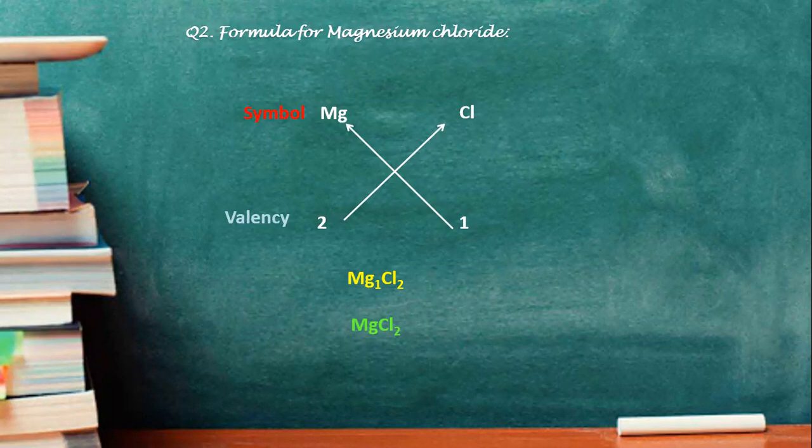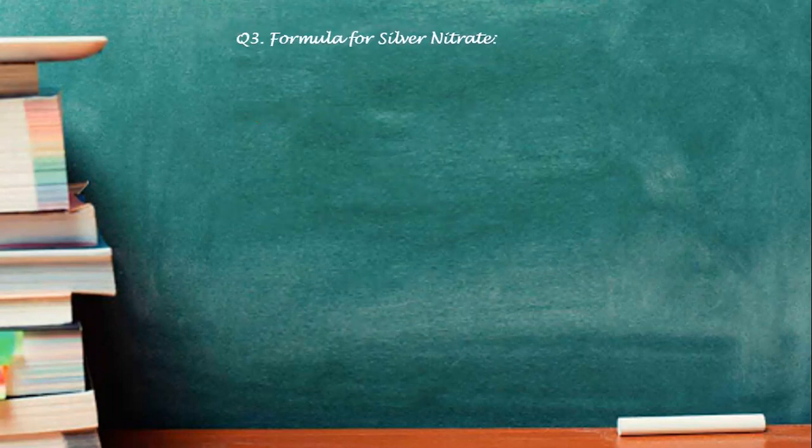So let us do the next formula of silver nitrate. So symbol of silver, that is Ag, and that of nitrate is NO3. So AgNO3. Then we do the valency. Silver ka valency is 1 and NO3 ka valency is also 1.